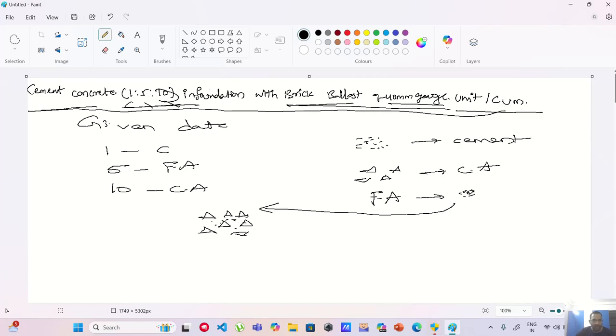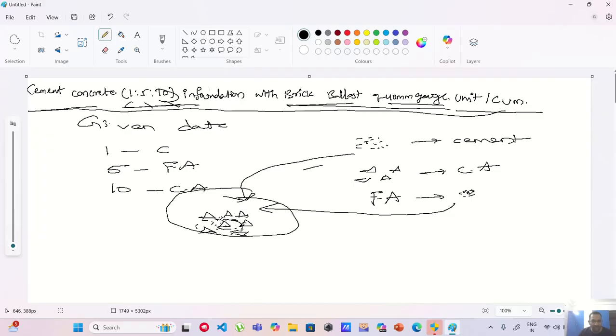Again, fine aggregate has some voids, and in these fine aggregate voids cement is going to be filled. This is called the filling property of the concrete.